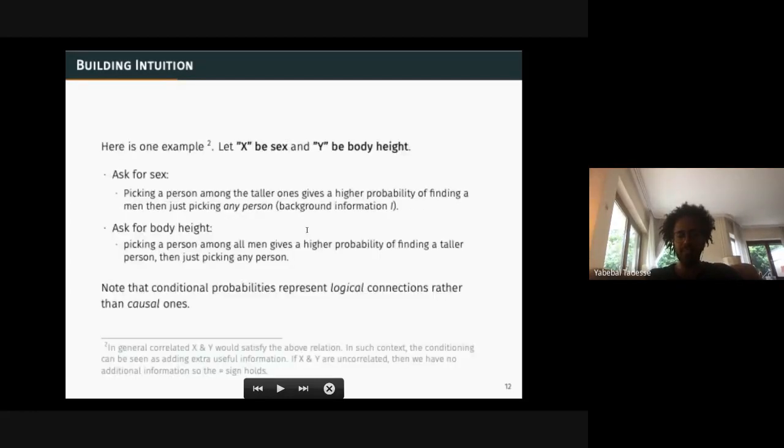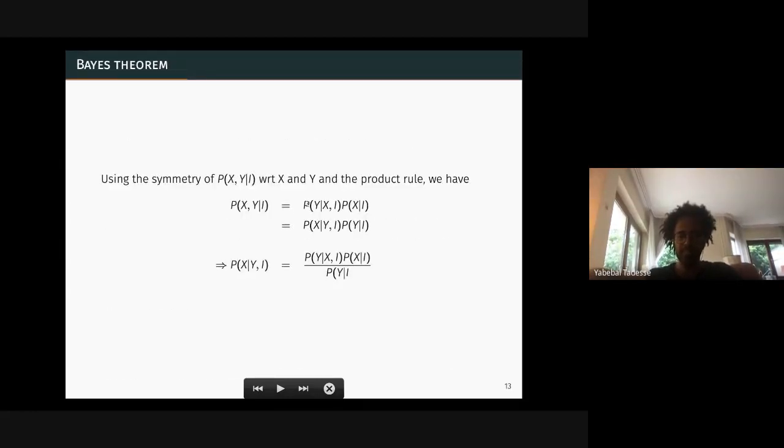That equality is exactly what I'm saying. Probability of X and Y, which is the same thing, you can write it either like that, or you can write it like that. But because the two are equal, if you rearrange them, you get what you call Bayes' theorem. So Bayes' theorem is nothing more than applying the product rule and the symmetry rule, and basically you get that.